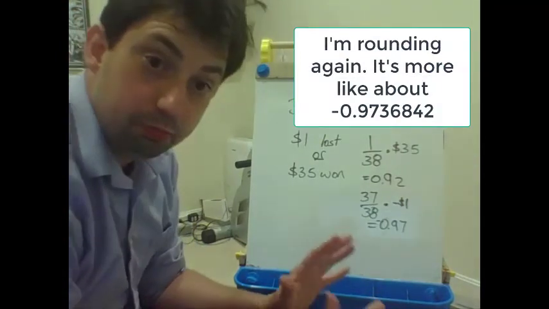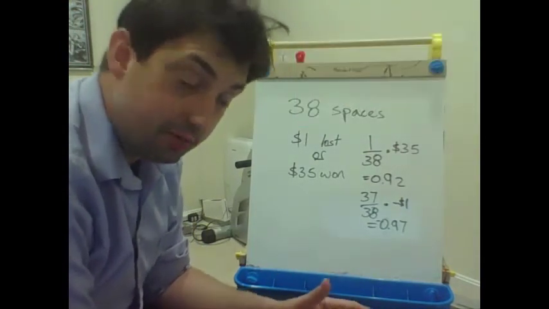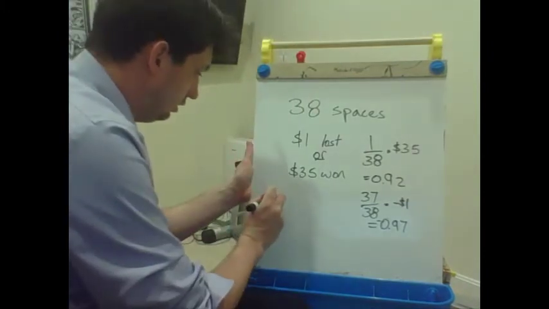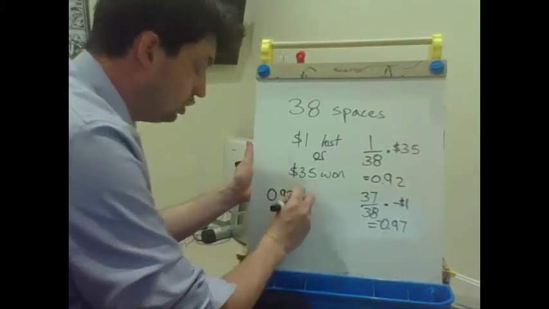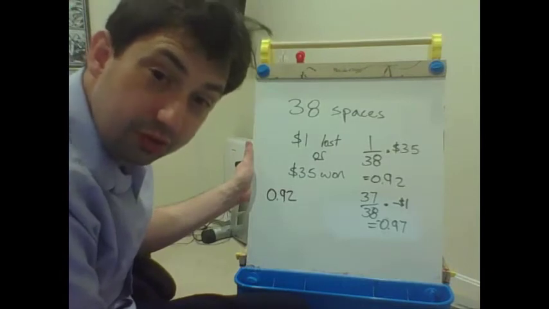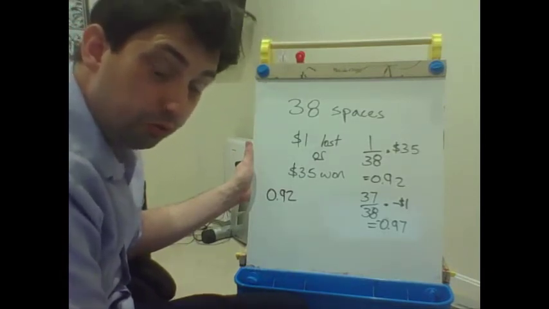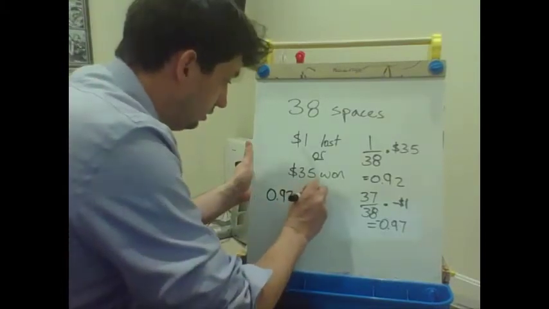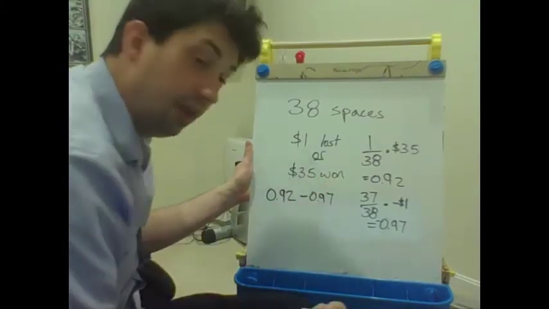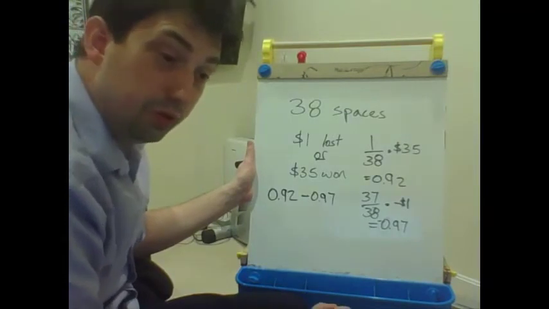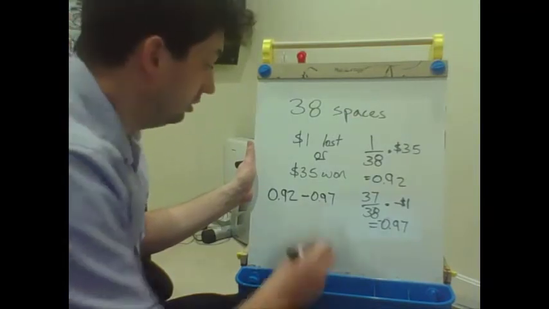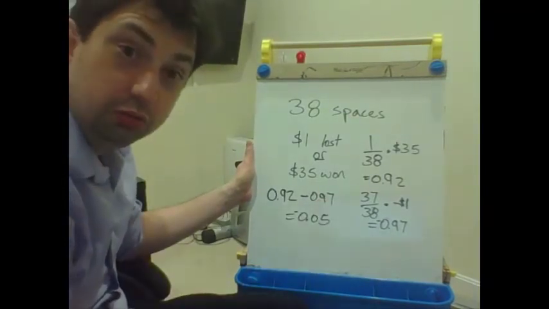So playing roulette, whenever you put $1 down, you could win 92 cents, and you could also lose, on average, 97 cents, which means, on average, you lose a nickel.